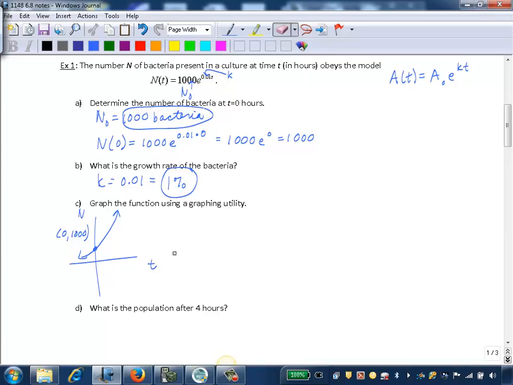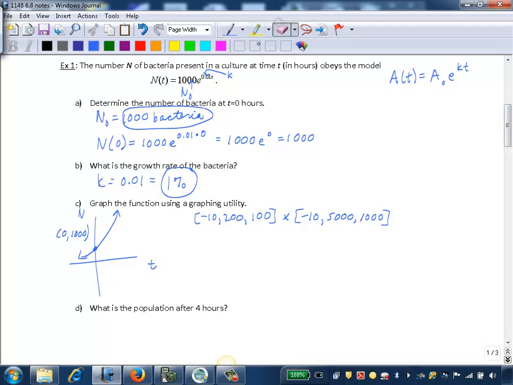Let's clean that up a little bit. And you might want to make a little note of the viewing window. So my x-axis, I went from -10 to 200 with a scale of 100. And on my y-axis, I went from -10 to 5,000 with a scale of 1,000. Again, just one example of a useful viewing window.